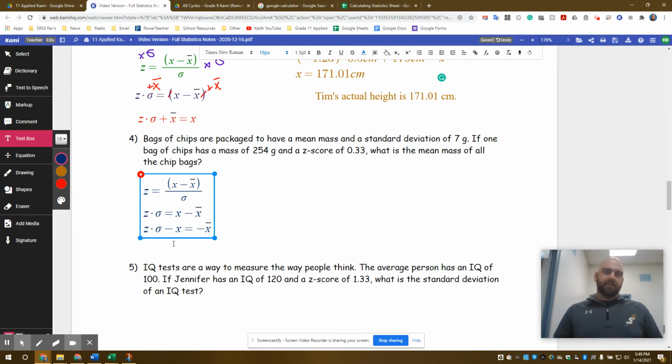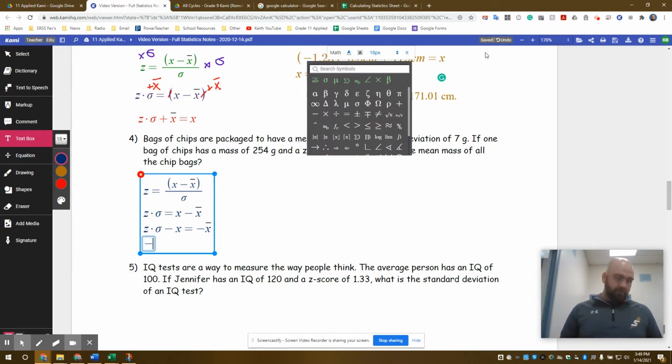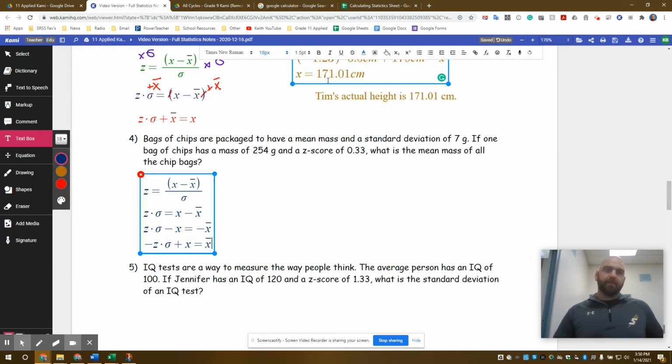If we multiply everything by -1, this will be negative z times sigma, plus x is equal to positive x bar. So this term became negative, this term became positive, this term became positive.